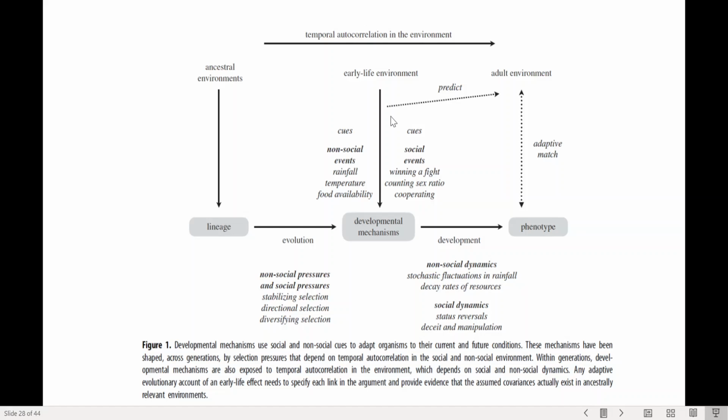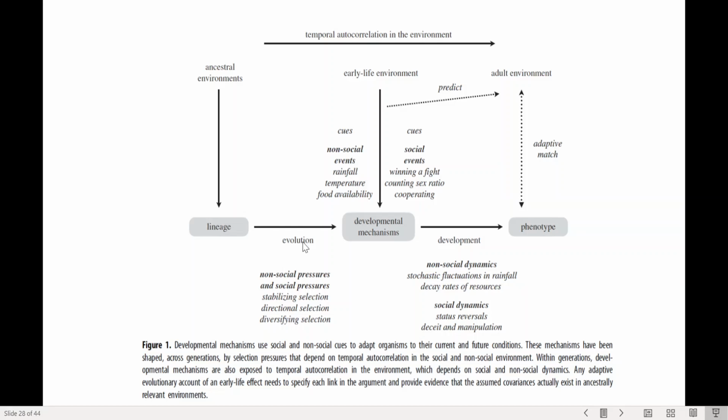And if our adult life matches relatively closely our early life environment, then these adaptations are useful for getting our adult bodies through the environment in a more functional way. So in that case, we have an adaptive match. If the early life environment predicts the adult life environment, and therefore the phenotype that develops over the lifetime of an individual is adaptive and therefore helps the individual to survive better in that specific environment.